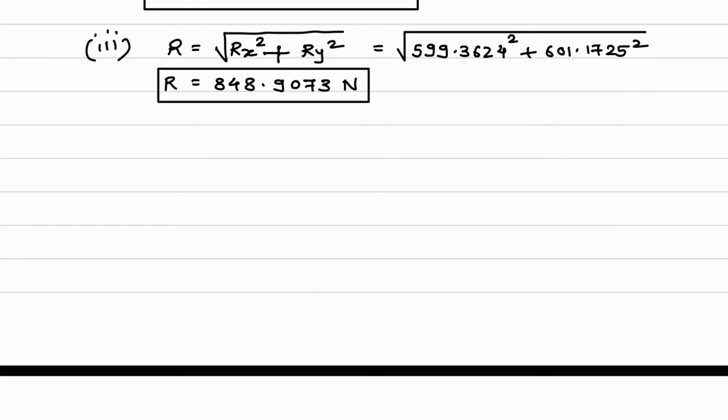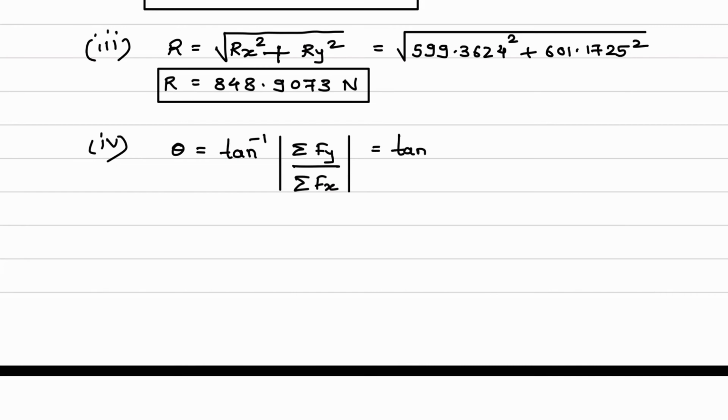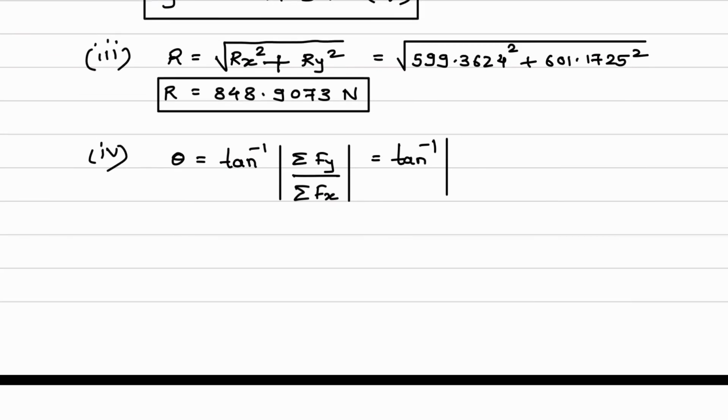After calculating resultant, fourth is we have to find the angle of that resultant. So theta is equal to tan inverse mod of summation Fy upon summation Fx, equal to tan inverse. What is summation Fy?